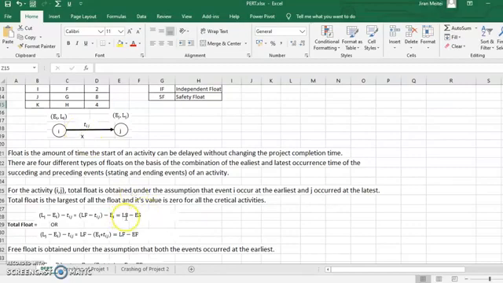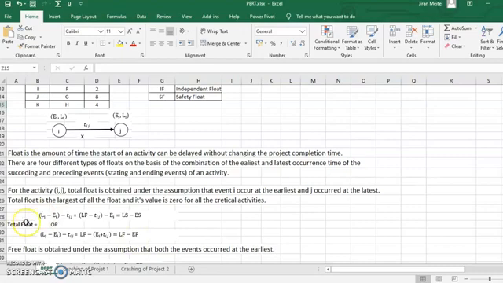So the final outcome is the latest starting time minus the early starting time of the activity X, which is nothing but the total float. This can also be written in a different way. If you combine EI and TIJ, then EI plus the time taken is the early finish time, and LJ is the latest finish time of the activity X. So it's the latest finish time minus the early finish time, and this will give the total float.